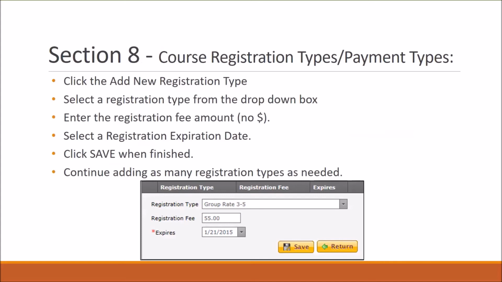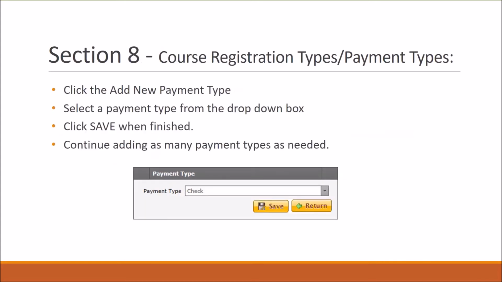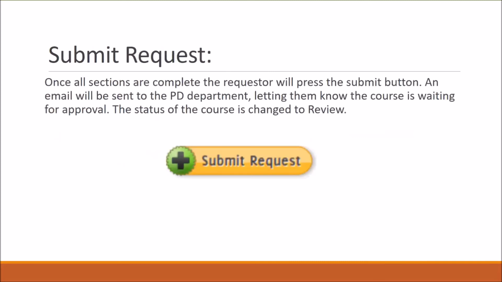Then you would save that and add the payment type, whether it's check, payroll deduction, whatever it may be. You would save that record, and then you would end up being in the same spot as the districts who don't charge fees, and you would submit the request.